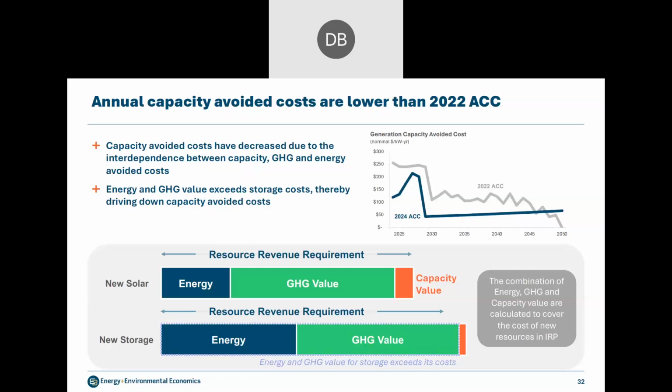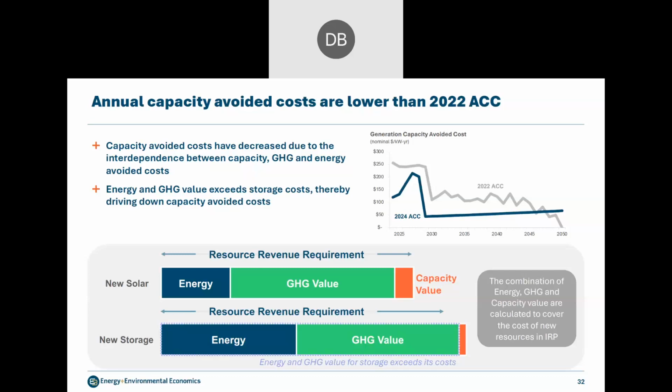That is, we saw that the storage energy and GHG value exceeds its cost. And this is because of two reasons. The first is that the energy prices provided a lot of energy arbitrage opportunities for storage, and that directly drives up the energy value for storage.